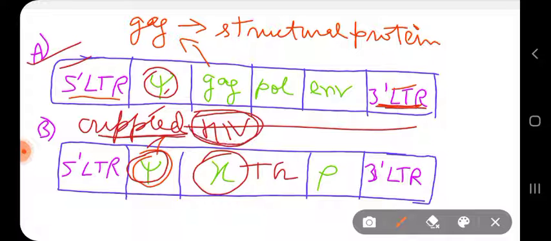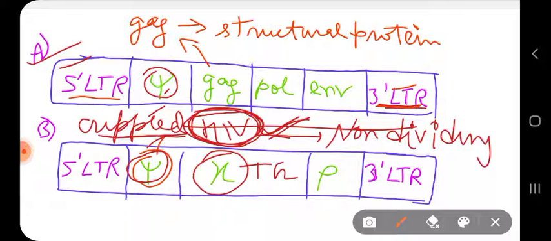Again I repeat, it can infect non-dividing cells like nerve cells and brain cells, and do the job of gene transfer effectively. However, it is doubtful whether HIV can ever be used as a vector in future or not. But nowadays we are trying to prepare HIV as a vector because it has the capability of infecting non-dividing cells.